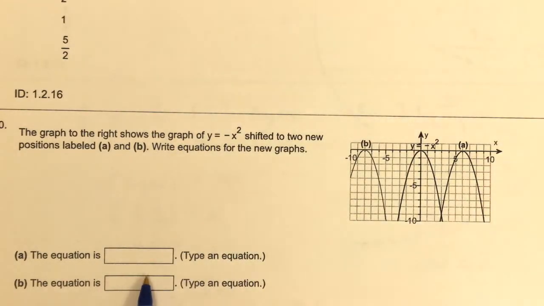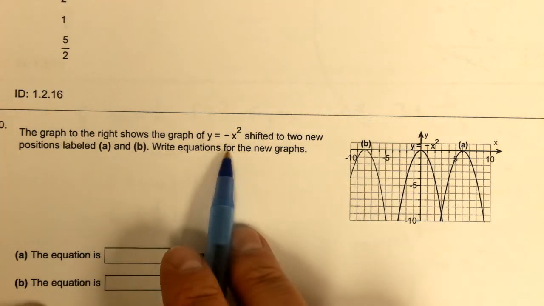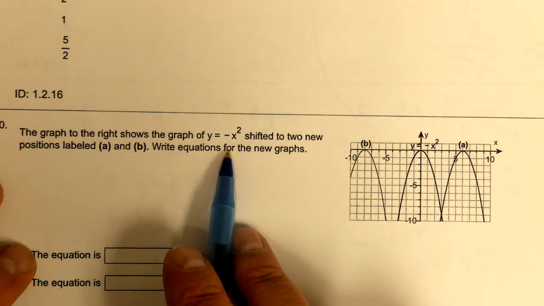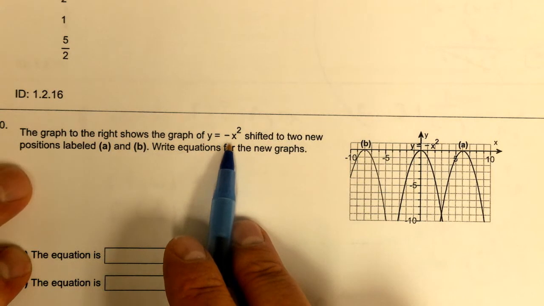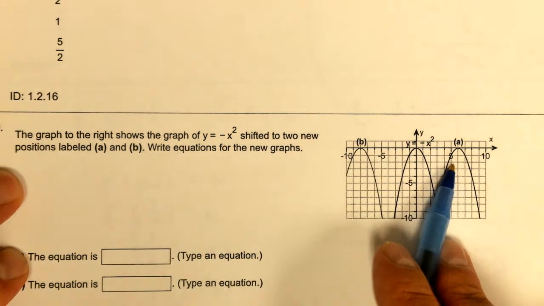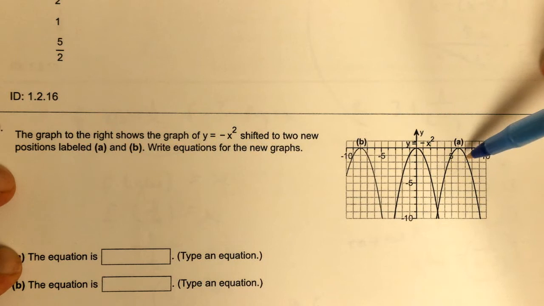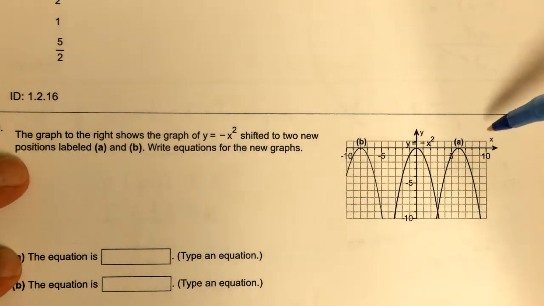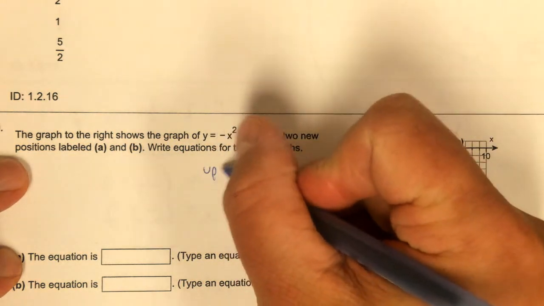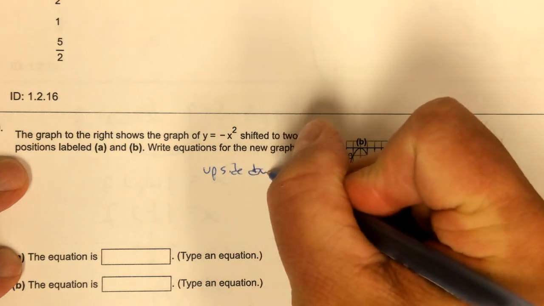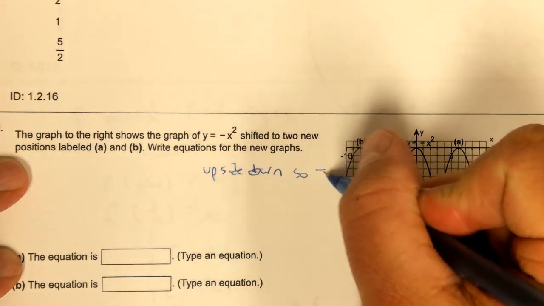Now number 10, this one you're trying to graph with A is this one, and it's shifted, and the first step is it's upside down, so that means it's negative x squared.